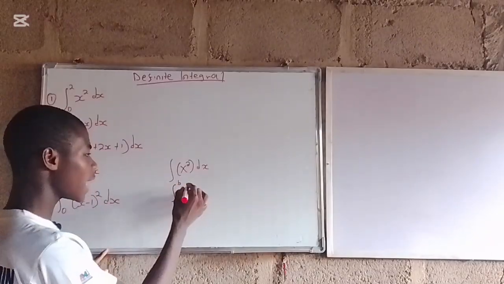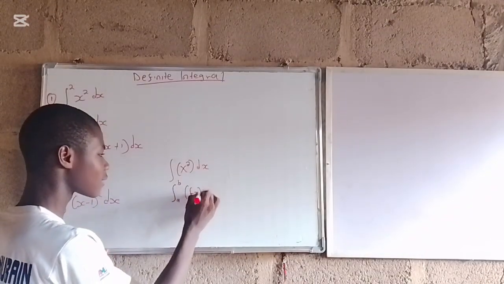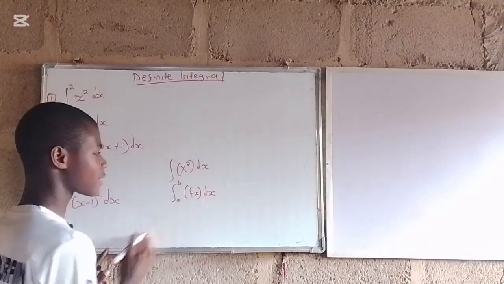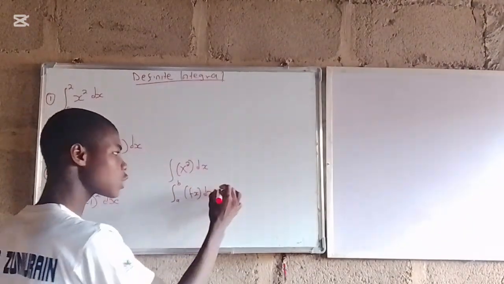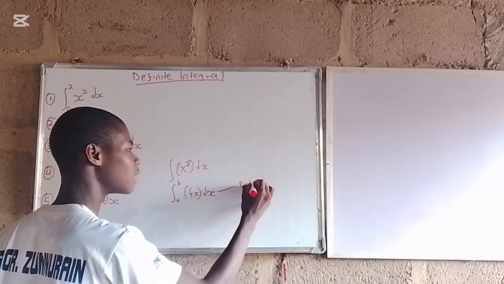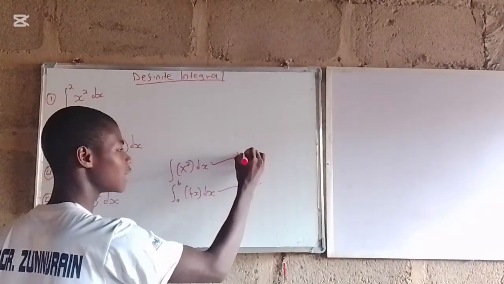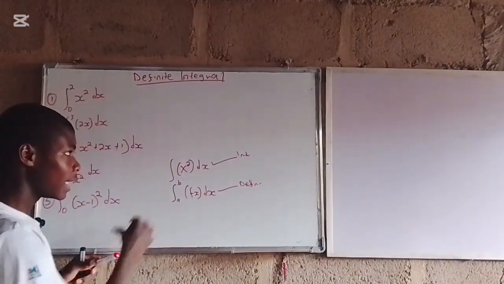So suppose I have f of x dx, or x squared dx. This is what we call the definite integral, and this is the indefinite integral.